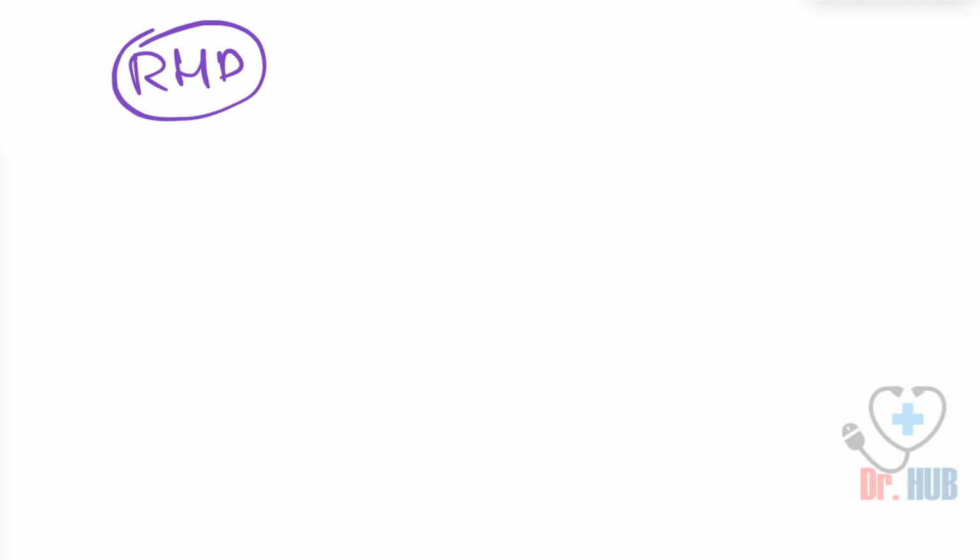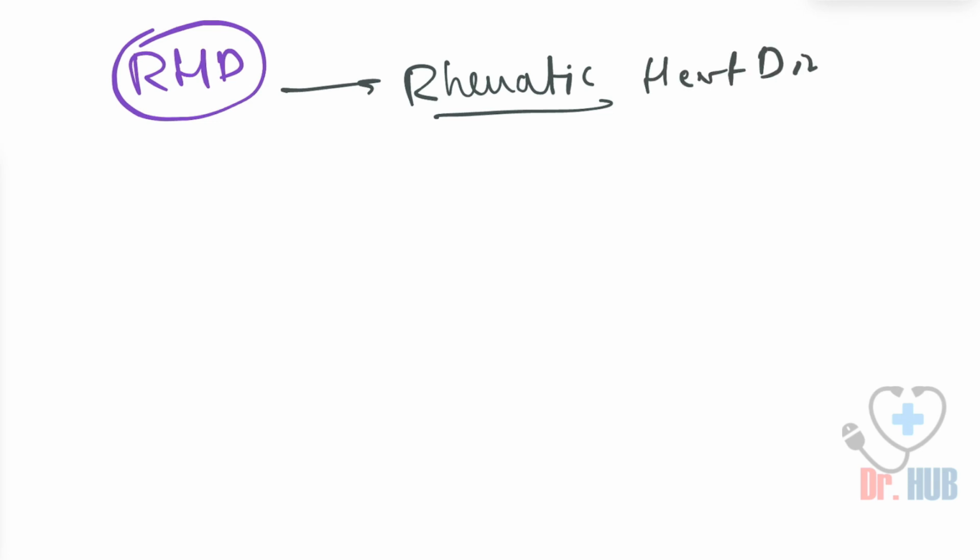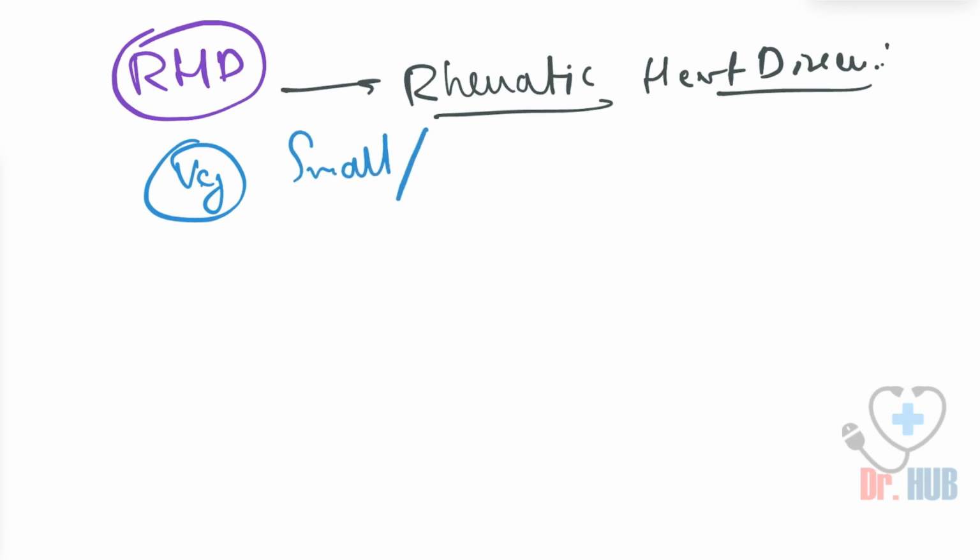RHD, as we know, is rheumatic heart disease. The cause is rheumatic heart disease. Looking at the vegetations, they are small, warty, firm and friable.